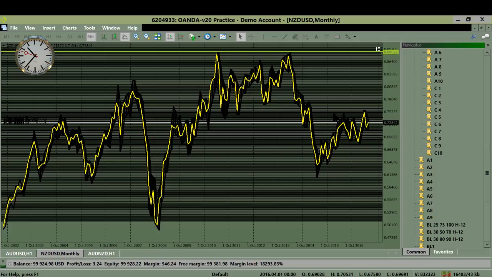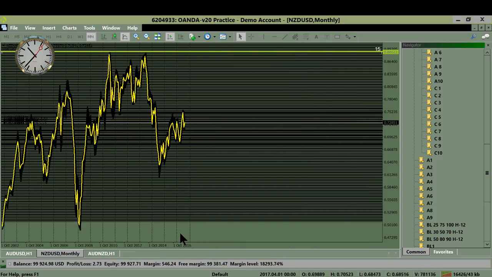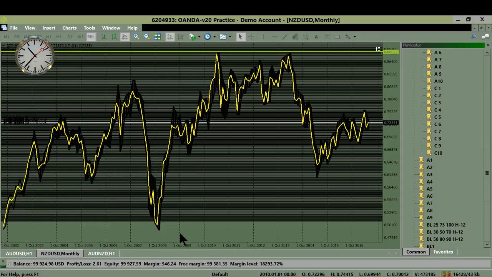When I first started trading, it was right here. 2008 crash. Look at New Zealand dollar trading at 50 cents. So I said to my buddy, this is the tequila guy, I said, let's buy this like it's a stock, right? And I was telling everybody I knew, if you looked at Forex, and they're like, no, what are you talking about?